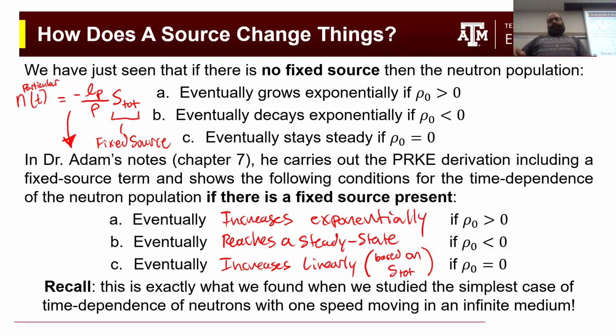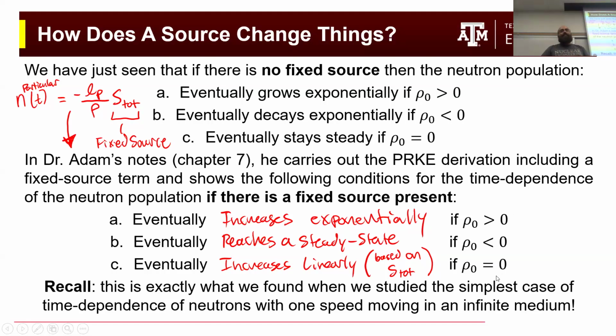And that's kind of funny in the sense that if you remember, I think it was problem set 1 where we did an infinite homogeneous medium, and then we assumed that there was also a neutron source term. If you did that problem, this is actually the exact same conclusion that you should have come up with in terms of how the system responds to the reactor being supercritical or subcritical or critical.